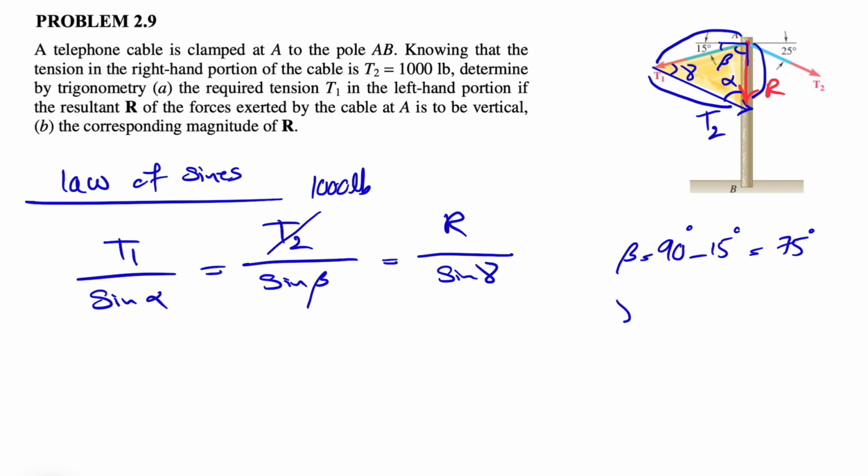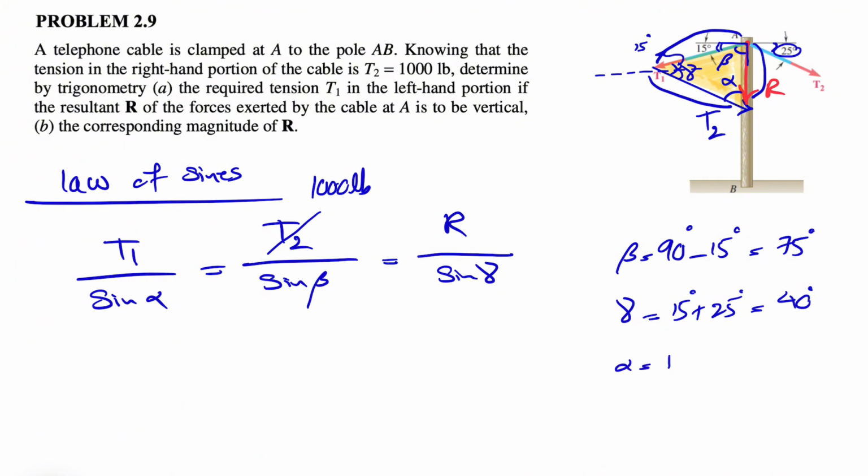Gamma is actually easy to find because if we draw a line parallel to our horizontal, this angle is equal to this one. So this part is 15 degrees, and the other part is what we have in here, 25. So 15 degrees plus 25 degrees gives us gamma, which is 40 degrees.